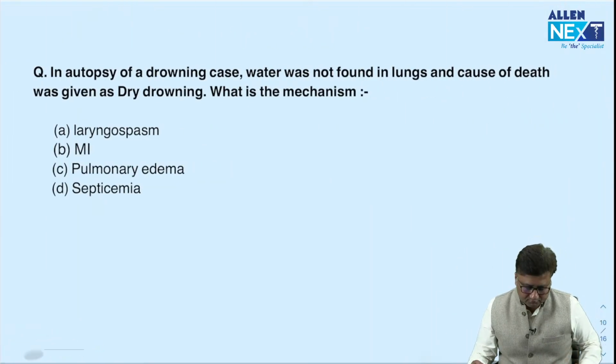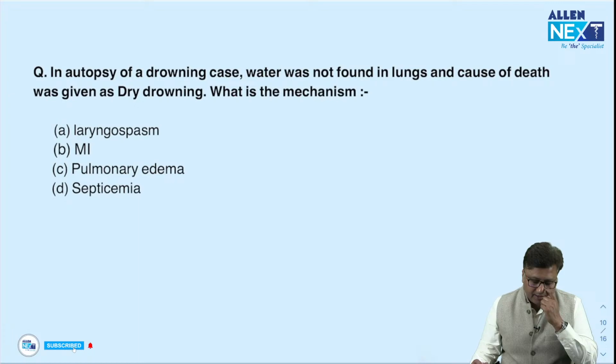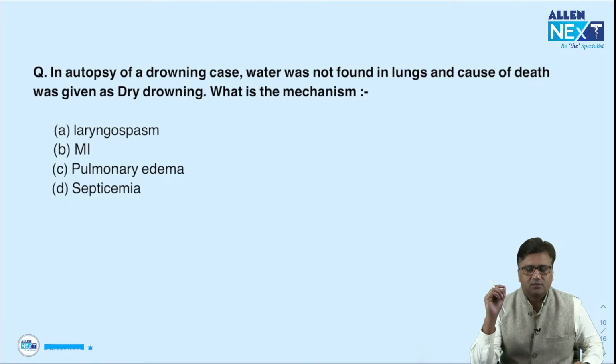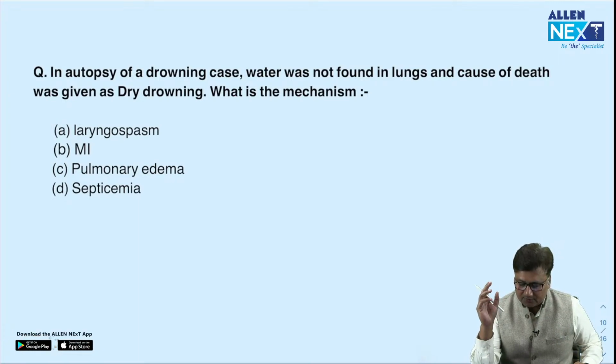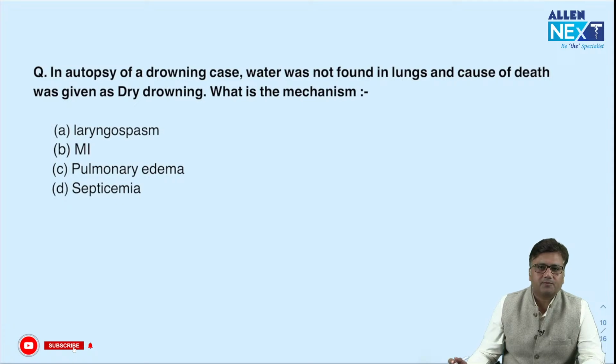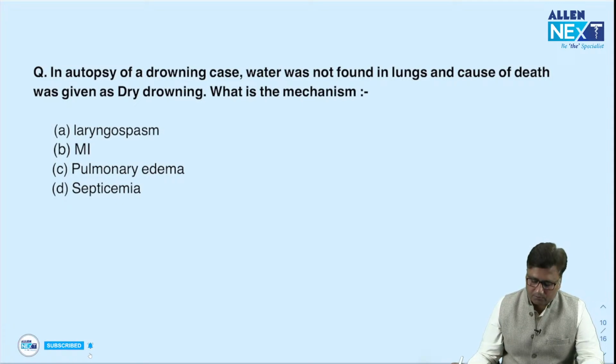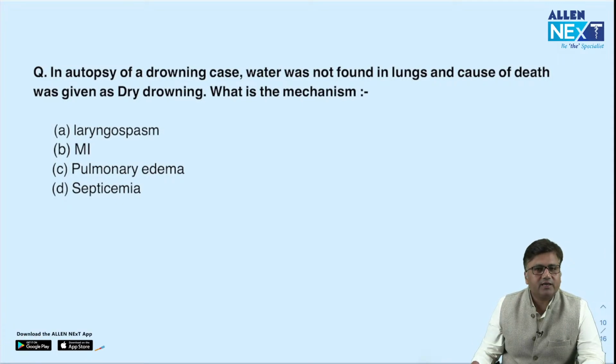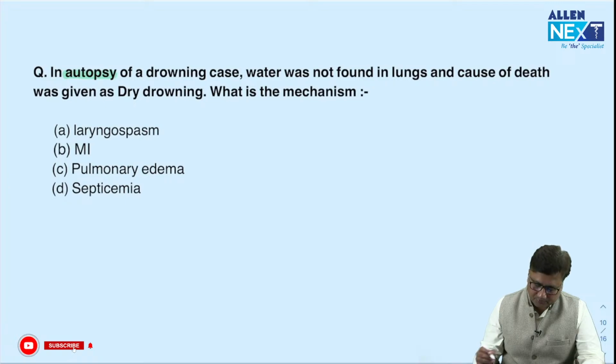Next one. In autopsy of a drowning case, water was not found in lungs and cause of death was given as dry drowning. What is the mechanism? Okay, so let's read what are the aspects of the question first. One is an autopsy is being conducted, so it's a dead body.